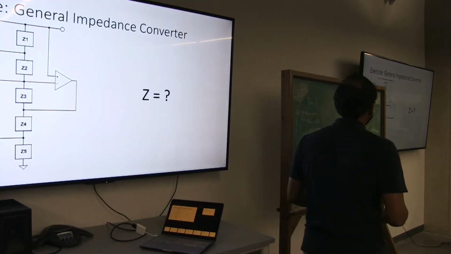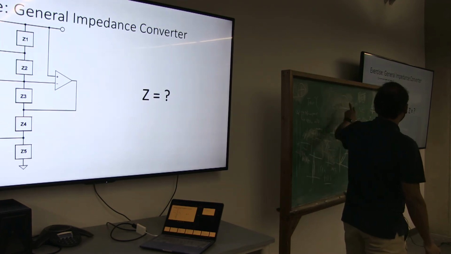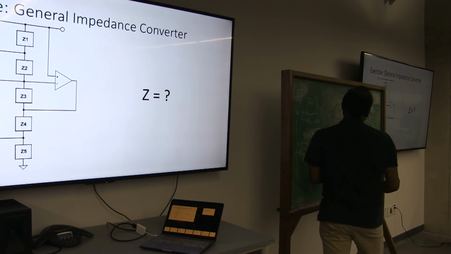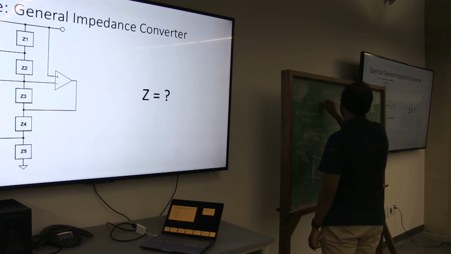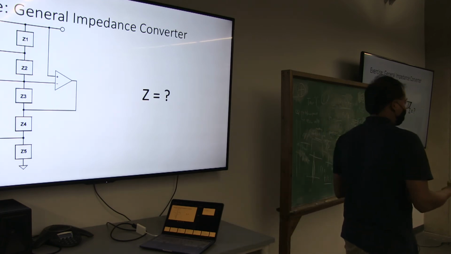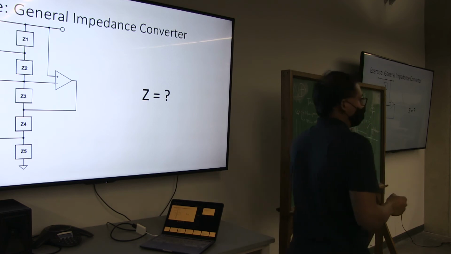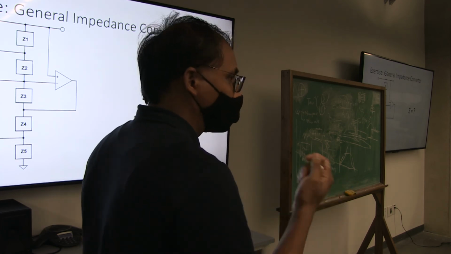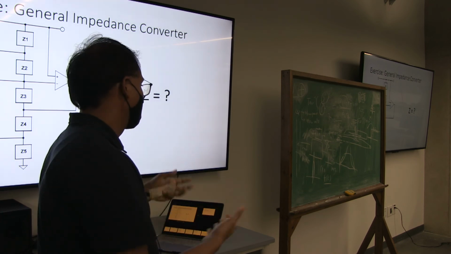If Z1 and Z3 are capacitances, then Z1 is 1 by SC1 and Z3 is 1 by SC2. So Z1, Z3 will give us 1 by S squared C1, C2. Whenever we have S squared, we have j squared omega squared, and j squared is minus 1. That way we can realize negative resistance in certain frequencies. All of these techniques will come in handy whenever we want to be smart about coming up with components to realize transfer functions.